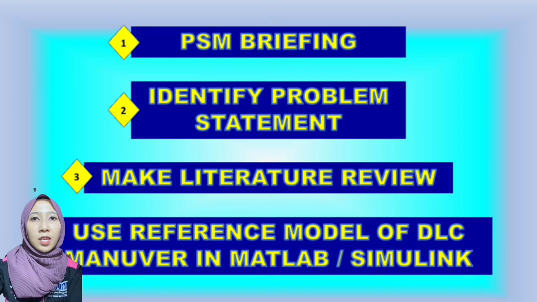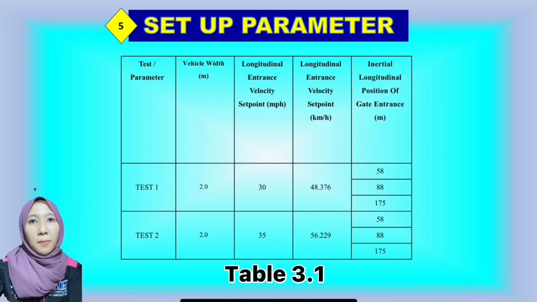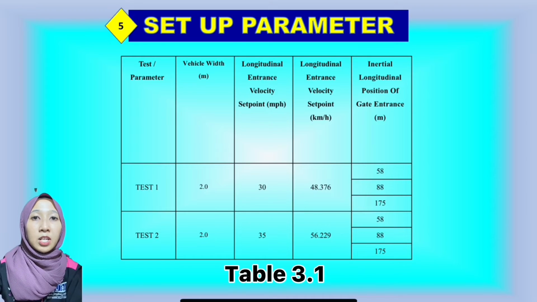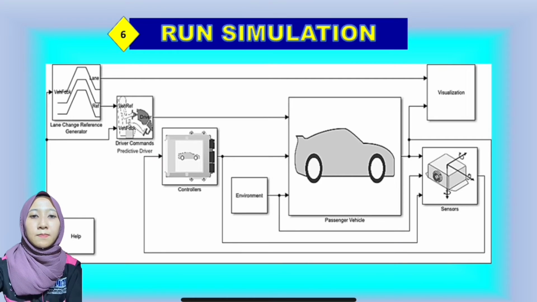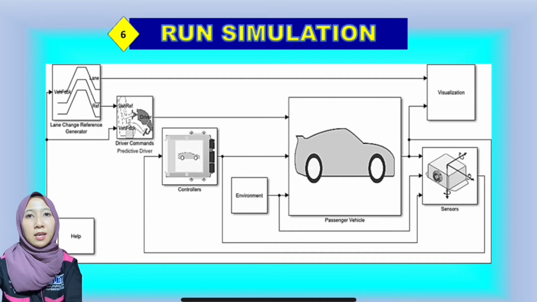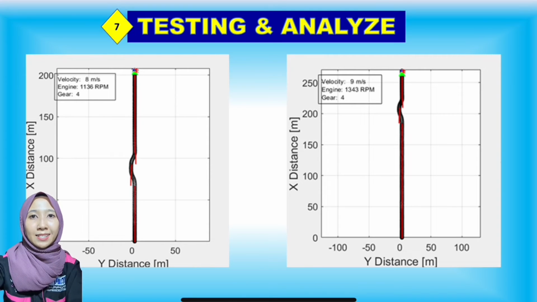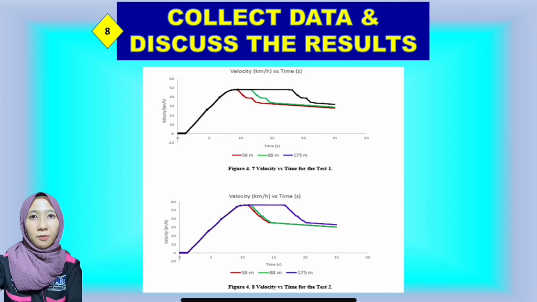After we used the reference model, we checked the parameters and set up the values according to Table 3.1. After we set up the parameters, we ran the simulations, and then the results of the simulation were discussed, and finally we did the project report.